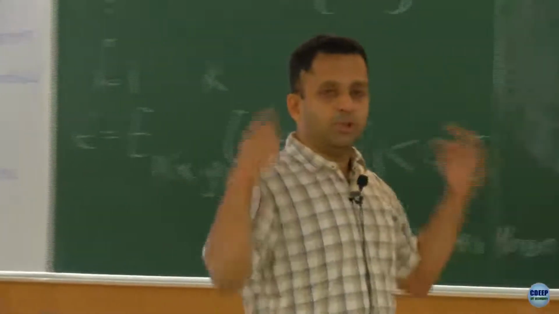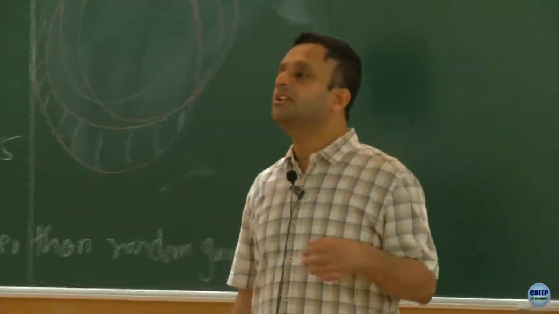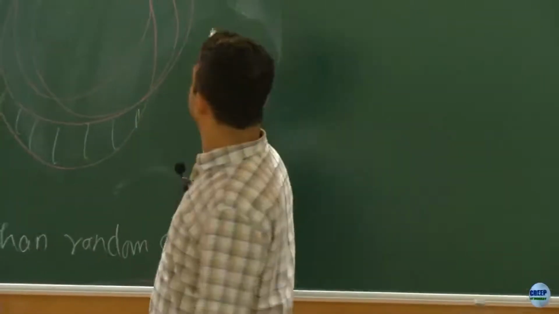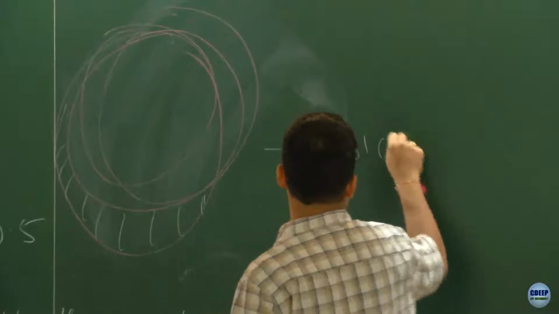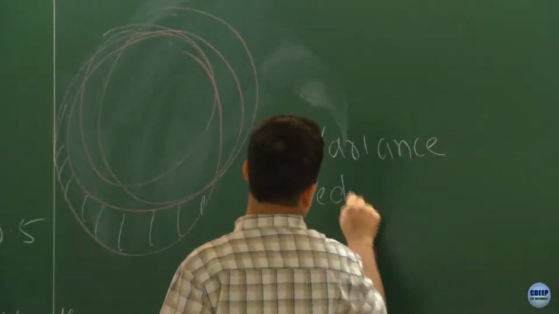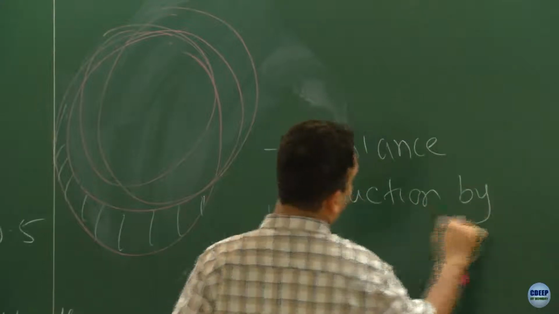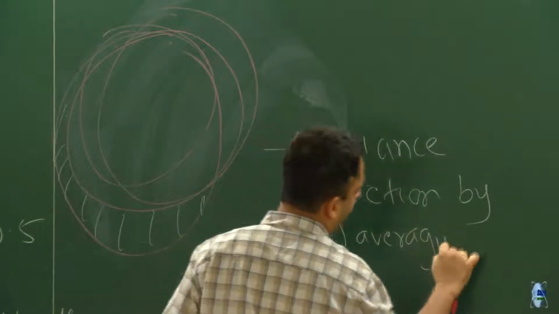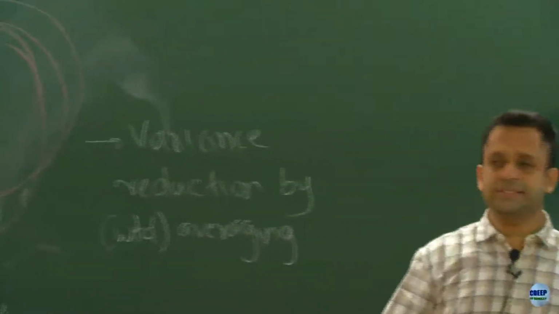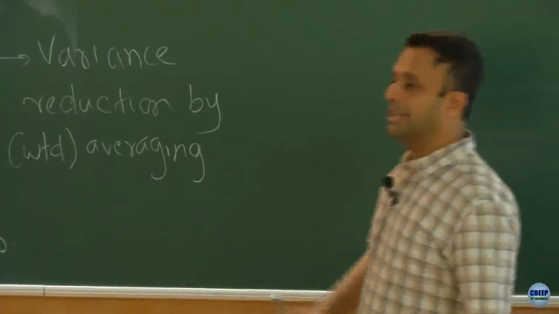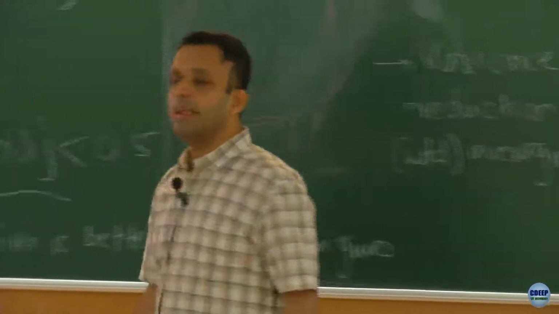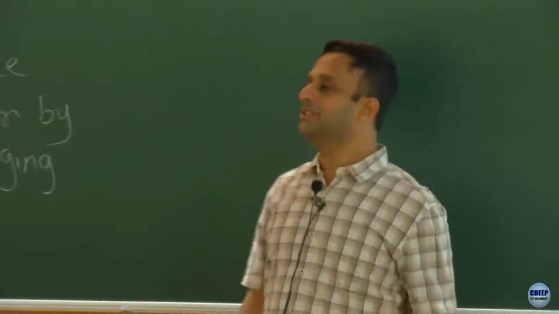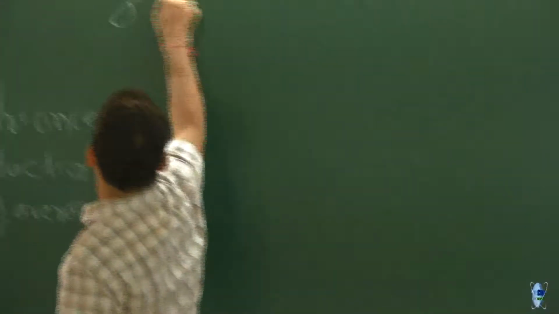Okay, so now we get into bias variance. So across these classifiers we will be able to reduce variance, that's the idea. Let me give you some mathematical expression. Let's say the variance in prediction of a single classifier was sigma square.